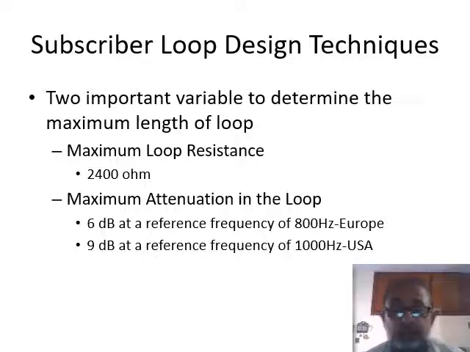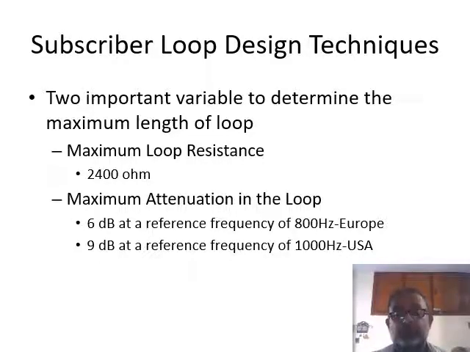The first one is the European standard, which takes 800 Hz as a standard signal, and it says that in the complete loop there should not be more than 6 dBs of attenuation at 800 Hz, while the US standard says that if we send a 1000 Hz signal over the loop, it should not undergo more than 9 dBs of attenuation.